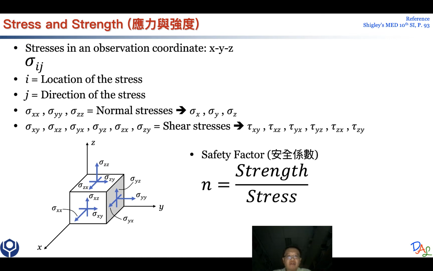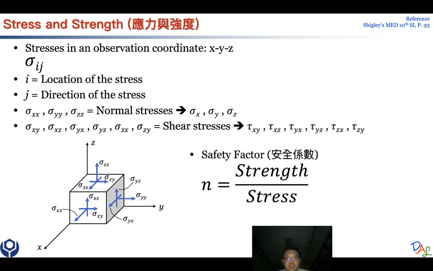Clarify what kind of notation you're using. And for the shearing ones, instead of using sigma, which could be confusing when we may have normal and shear stresses, people tend to use tau. Just change sigma to tau. Okay, but there are some papers or textbooks that also use sigma.